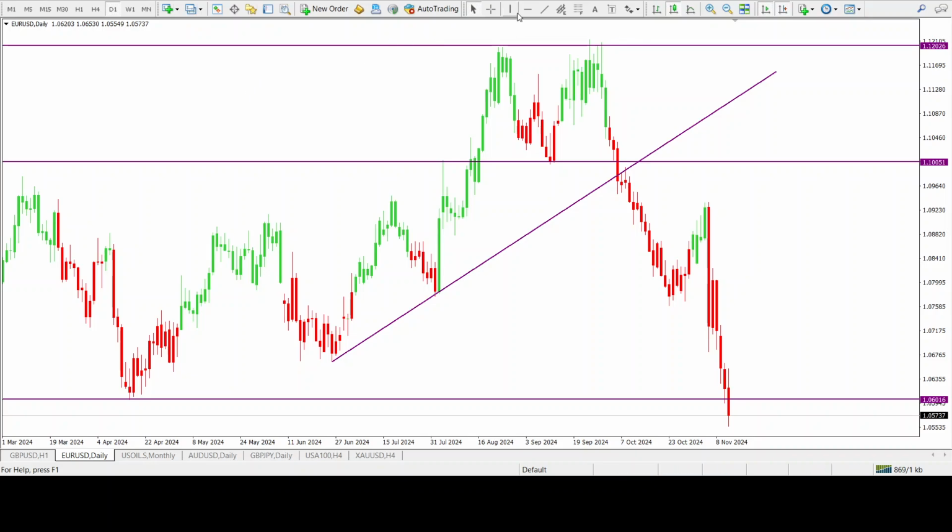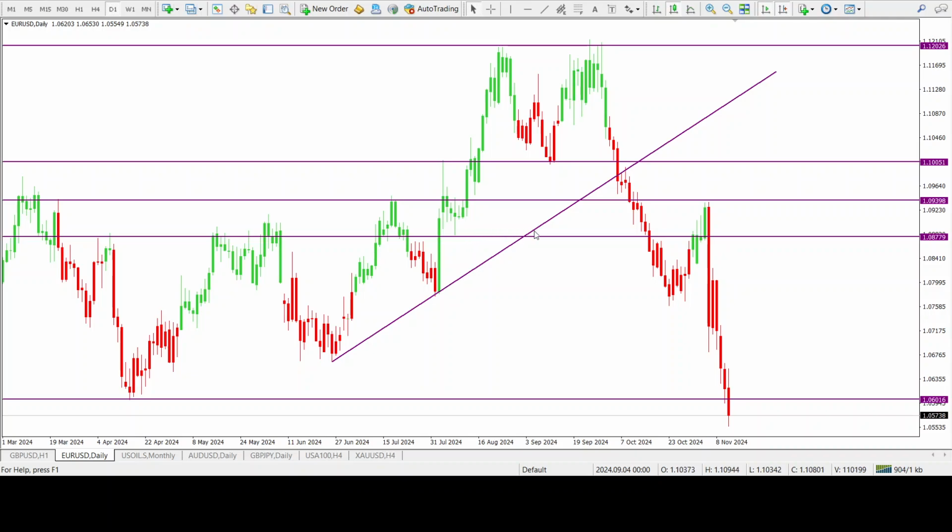When you get a sell signal around a resistance zone, you will know that the chances of that signal being valid are quite high. And when you get a buy signal around a support zone, the chances of that signal being valid are quite high as well.